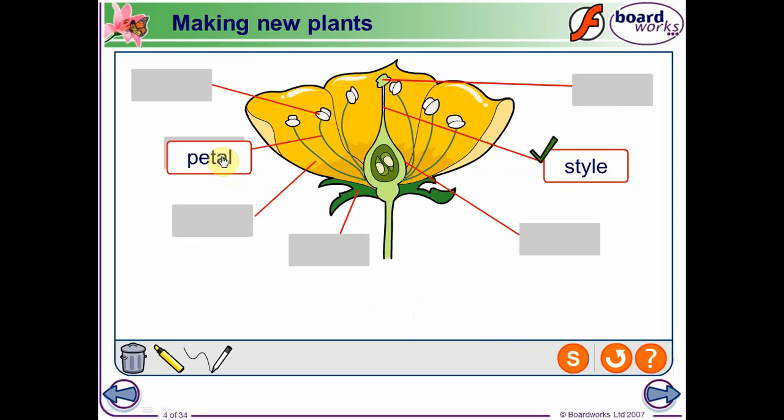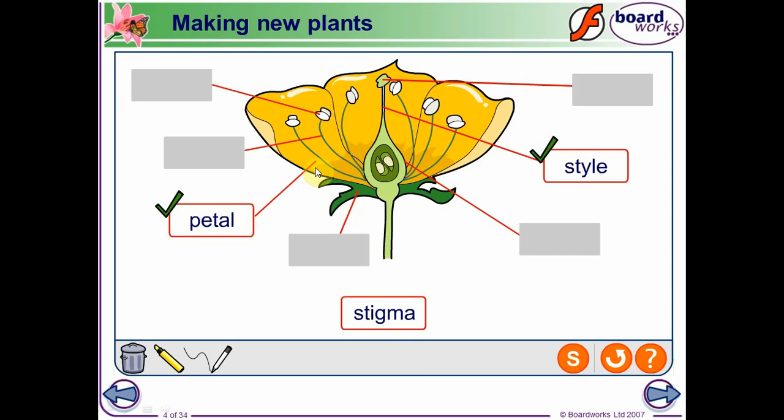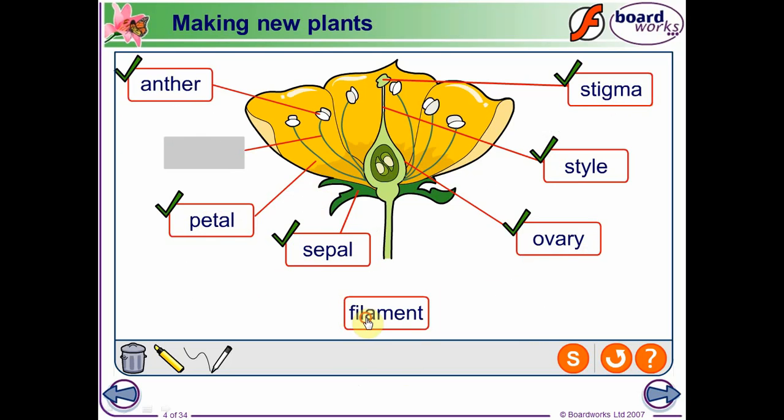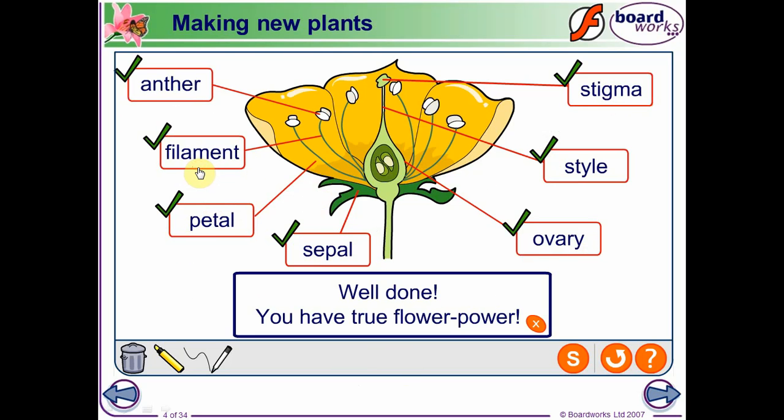Are you sure? No, it's wrong. Yes, excellent. This is the petal, which is a colored leaf. Okay. Stigma. Where is the stigma? Yes, excellent. Ovary. This one. Anther. Yes. Sepal, the green leaf. Yes, and filament. Excellent. Well done, grade 8.